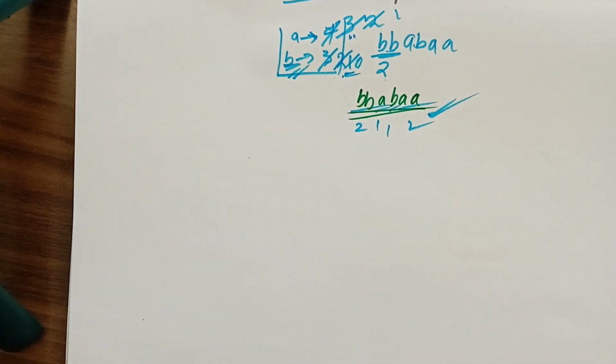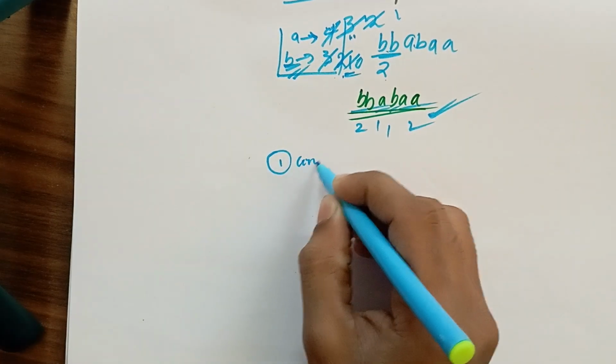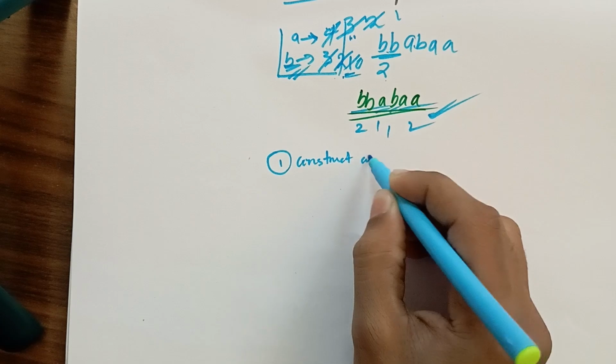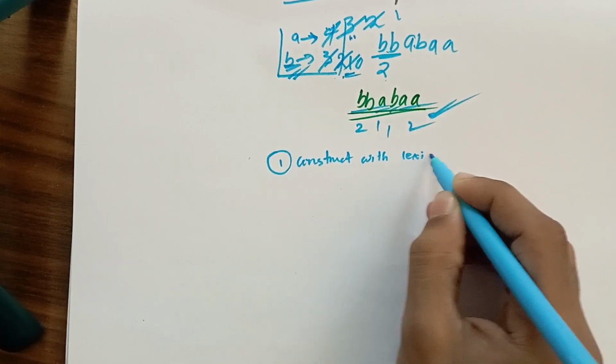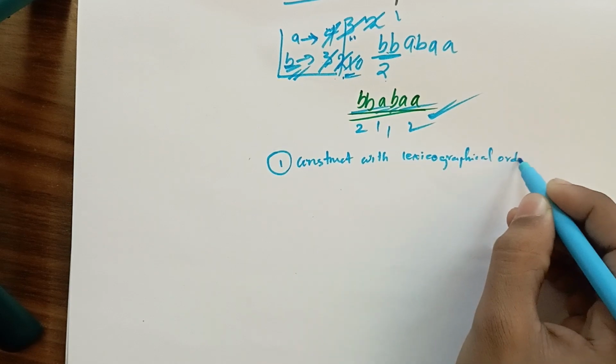So what are the observations we got in this is: construct with lexicographical order.